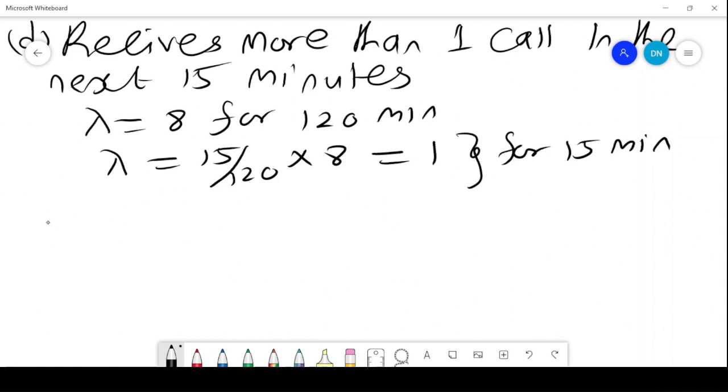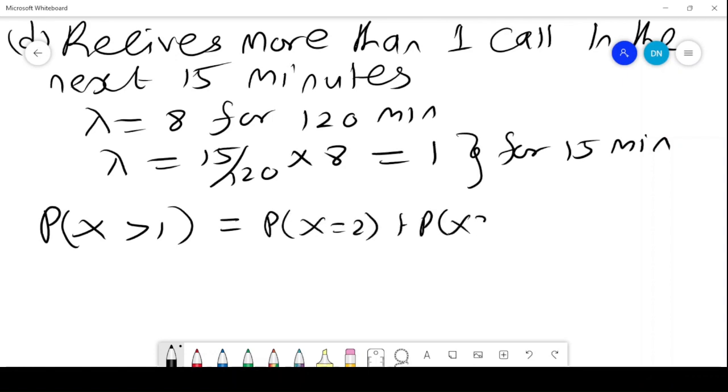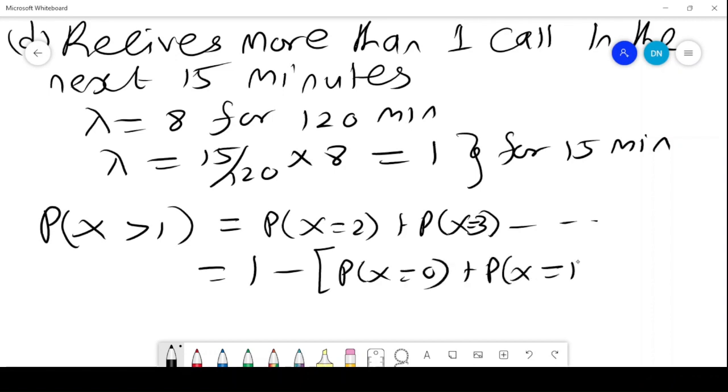We want the probability that it receives more than 1 call, so x is greater than 1, which is the probability that x equals 2 plus the probability that x equals 3 and so on, which is 1 minus the probability that x equals 0 plus the probability that x equals 1.